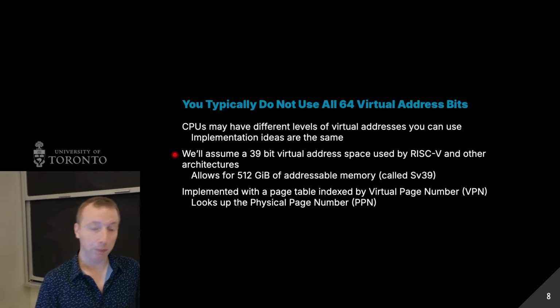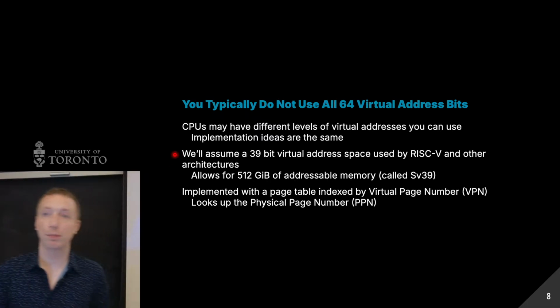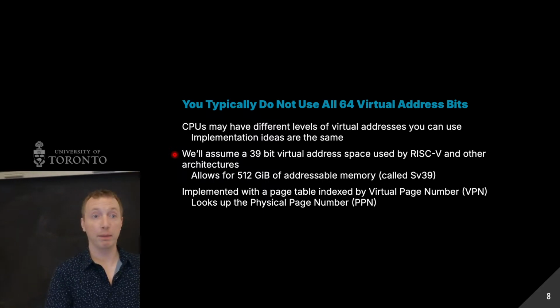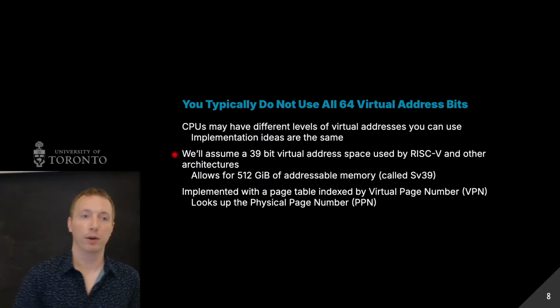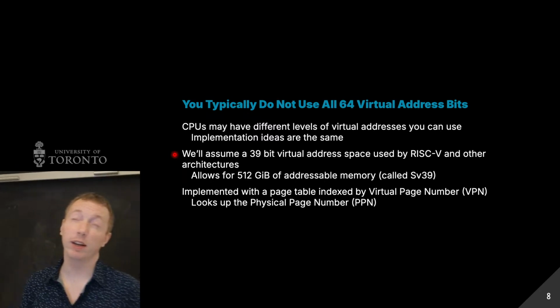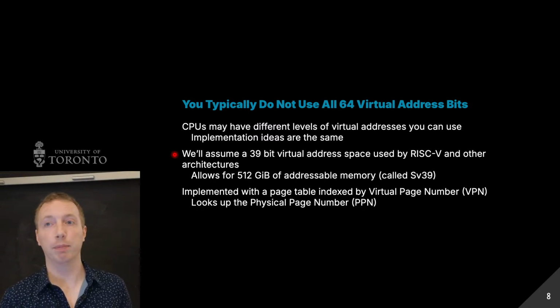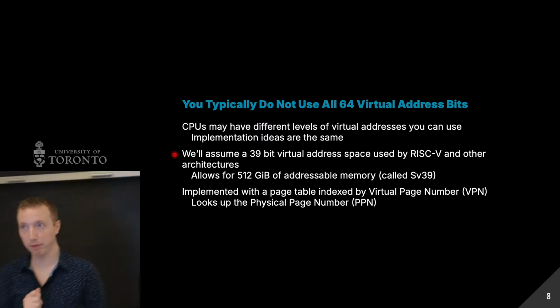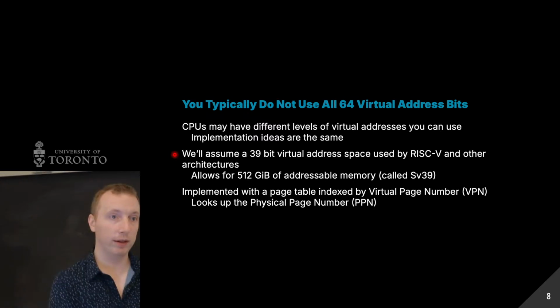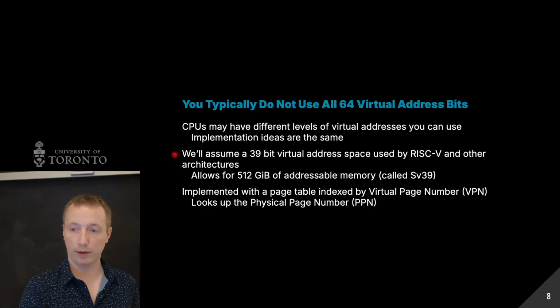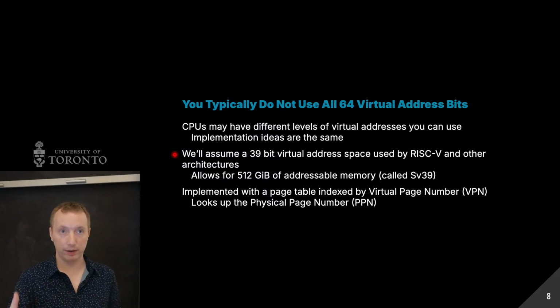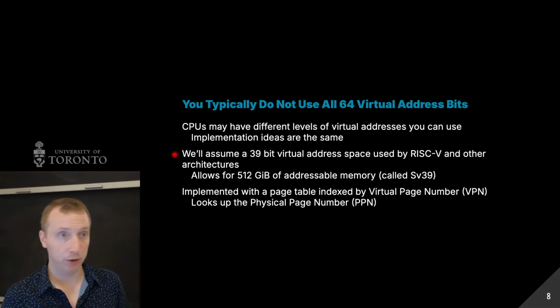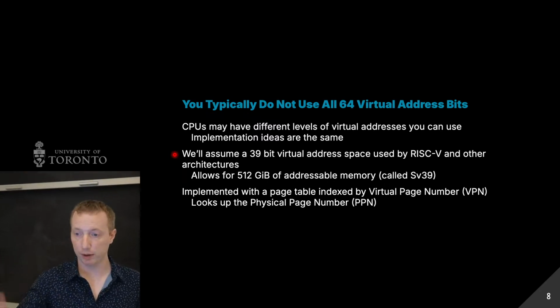So most modern computers only support virtual addresses of size up to 39 bits, which is 512 gigabytes. On most operating systems, that is the limit of memory that one process can use. So it will have access to up to 2 to the 39 bytes of information.